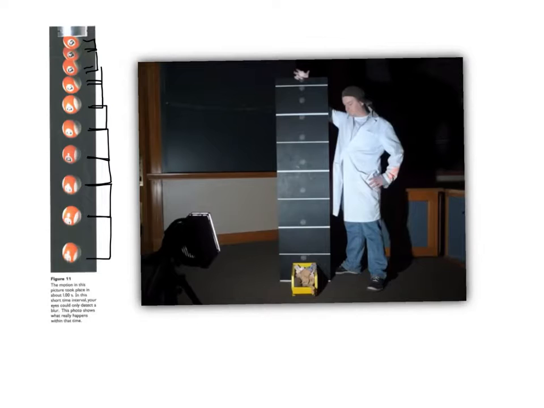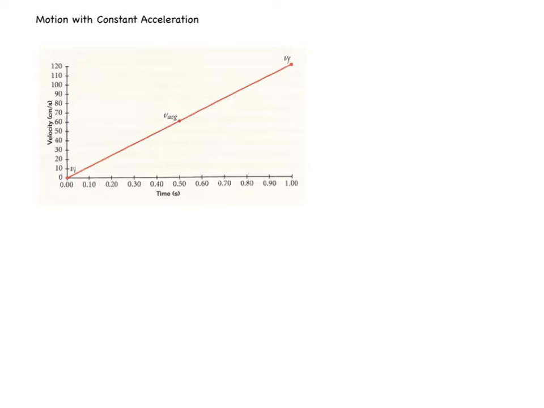All right, so the last part of this video, I want to introduce an equation that you can use when solving problems with constant acceleration. All right, so this is a velocity time graph. So it's velocity on the y-axis, right? So that's our dependent variable, and time on the x-axis of an object moving with constant acceleration. And we know it's constant acceleration because the velocity is steadily increasing.